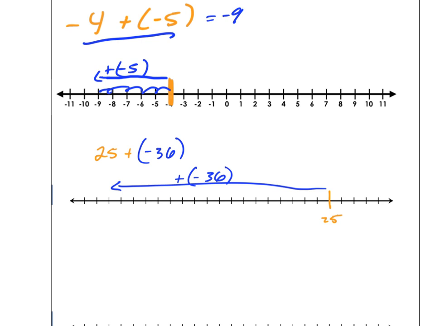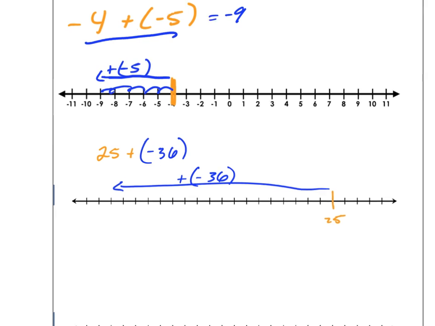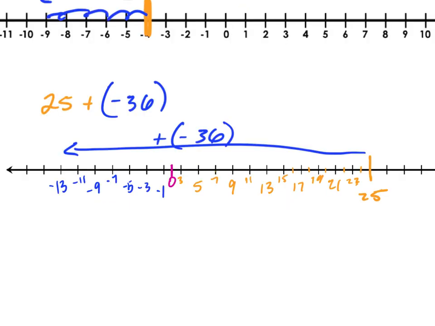So if I have 25 plus negative 36, eventually I'm going to get to 0, right? If I draw my number line, hopefully you understand this. This is 23, this would be 24 right here, and then we're just going down because we're decreasing, right? We're going to go down 36. It's going to take 25 just to get to 0 because that's the absolute value of 25.